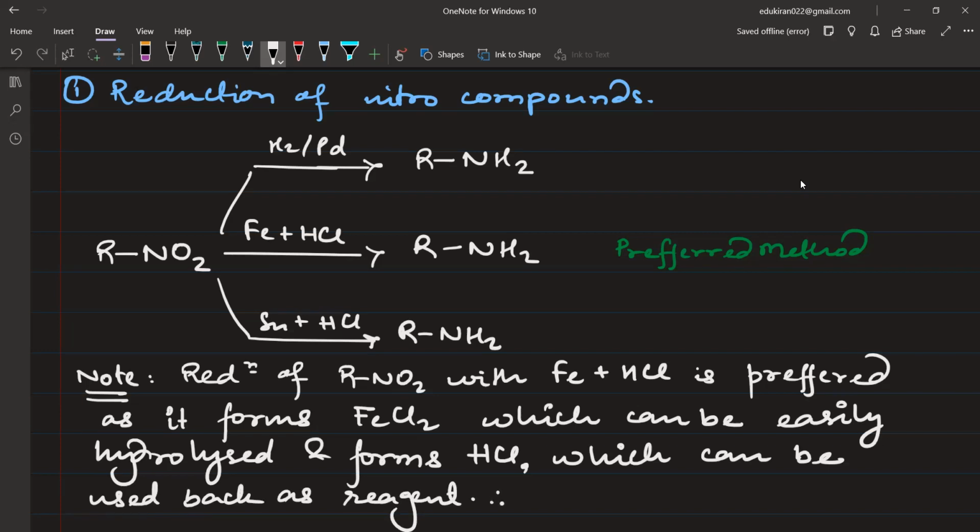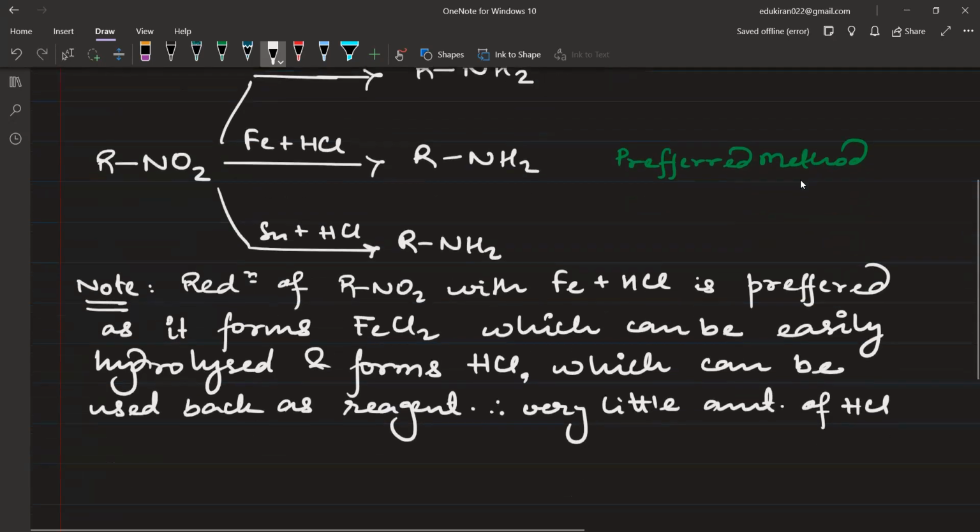Therefore, very little amount of HCl is required.